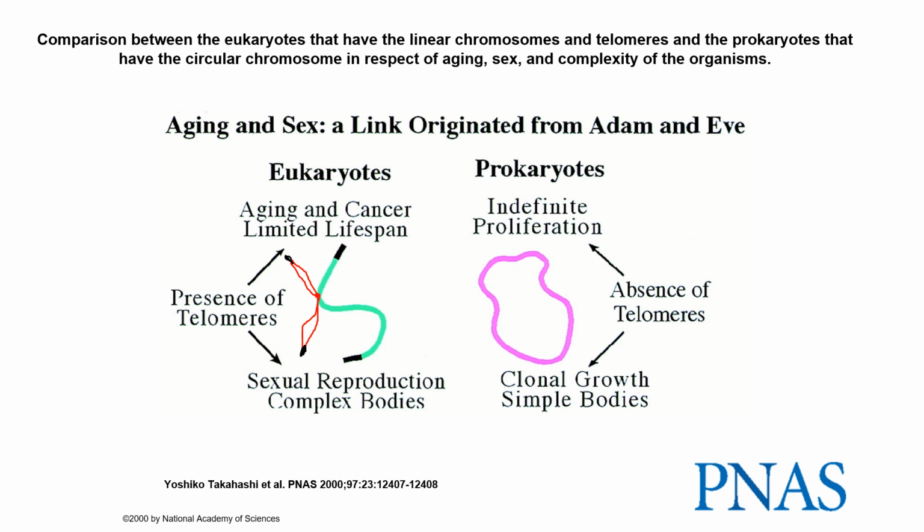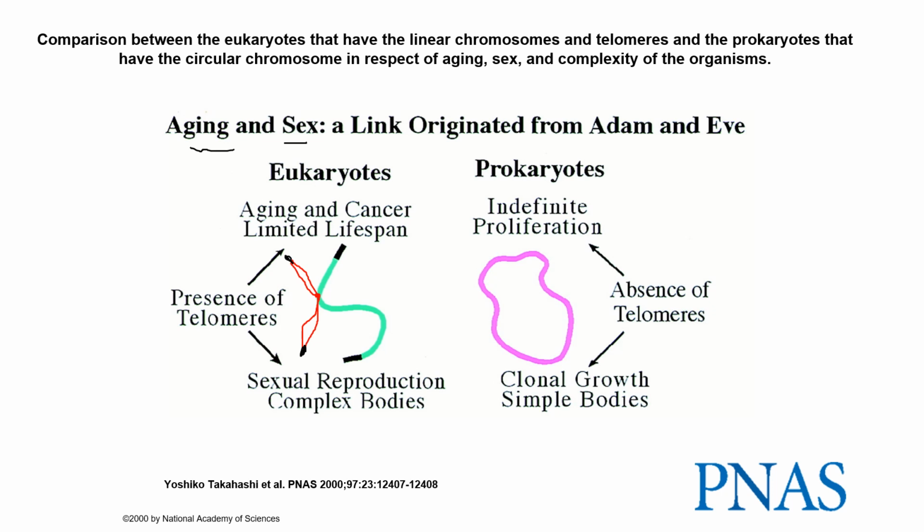And the question is, could aging and sex be linked? We needed to mix our chromosomes, and we needed to create telomeres and centromeres to do this kind of thing. However, in other organisms, like prokaryotes, many of them are asexual. They don't need to mix the chromosomes.